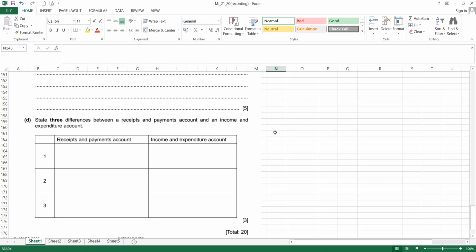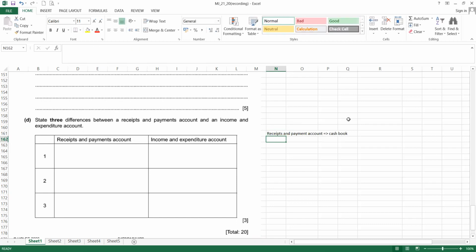Because this question is club account, they use the terms in the club, which are receipt and payment, income and expenditure. Basically, receipt and payment account is just like our cash book.